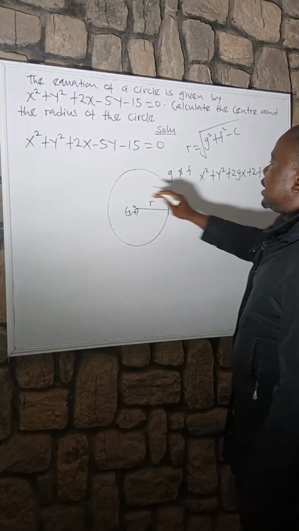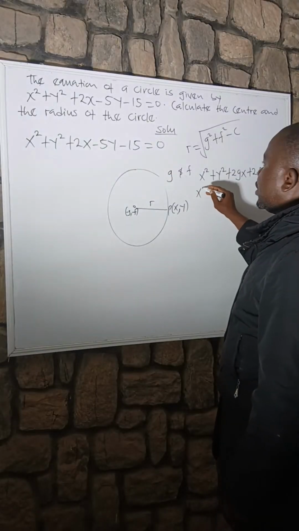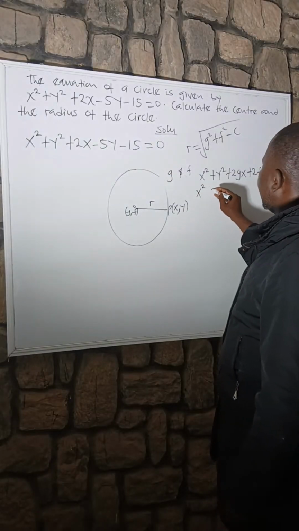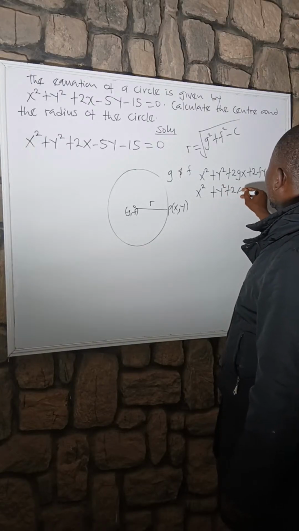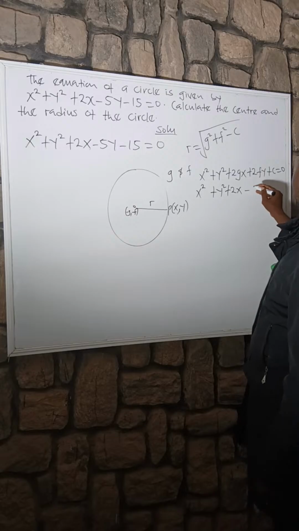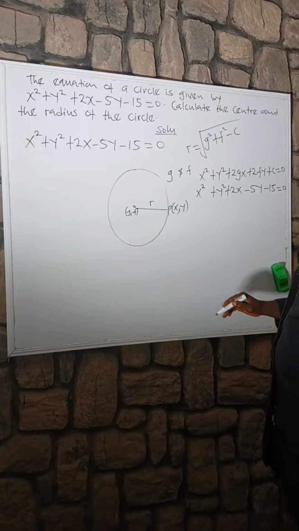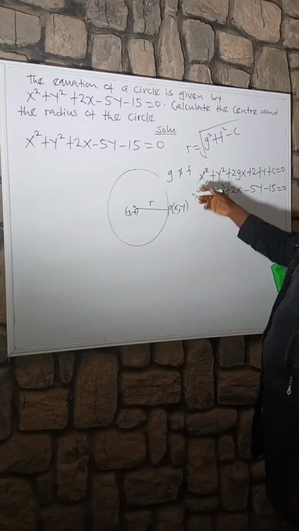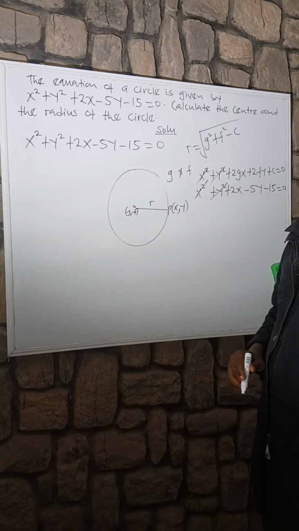So let's write this equation. Here we are going to have x squared, y squared, 2x, then minus 5y, minus 15 equals 0. When you look at it, x squared and x squared go, y squared and y squared go.